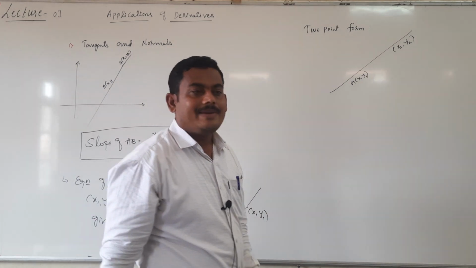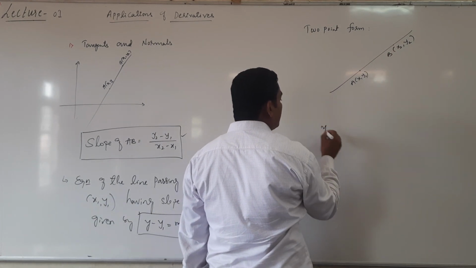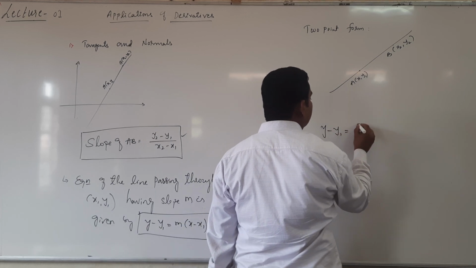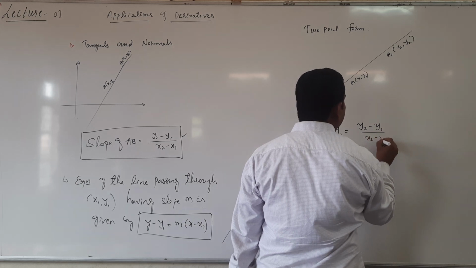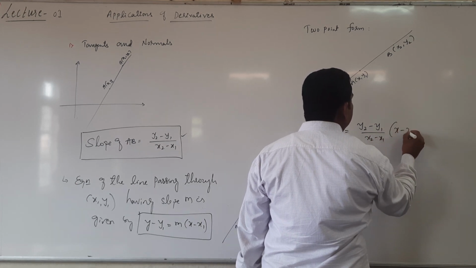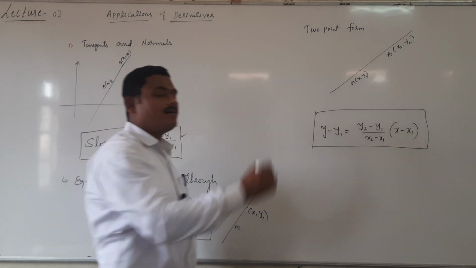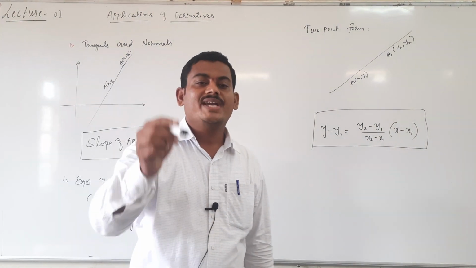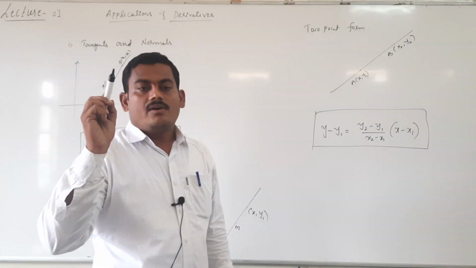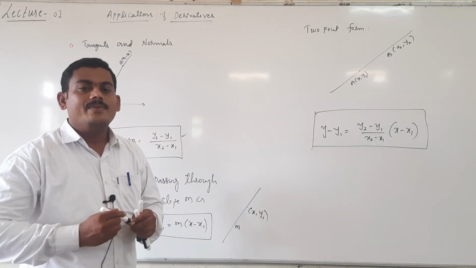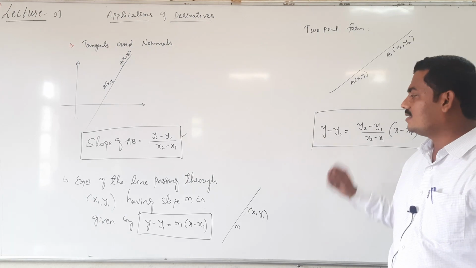Equation of line AB is y minus y1 is equal to y2 minus y1 divided by x2 minus x1 into x minus x1. This is the equation of the straight line passing through 2 points, also known as 2 point form. Instead of giving slope, whenever 2 points on that line are given, then we can find its equation.